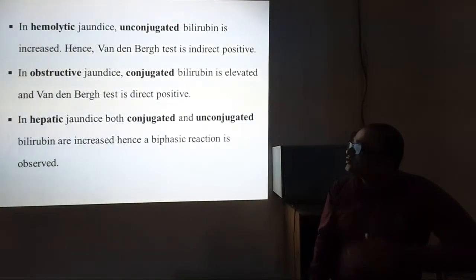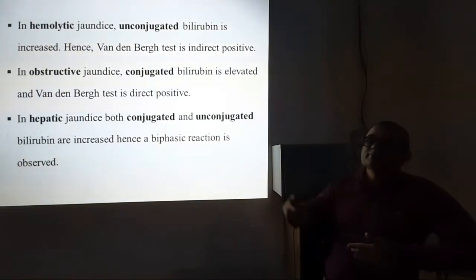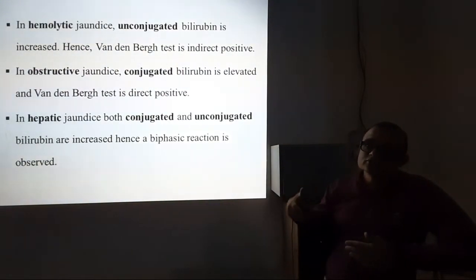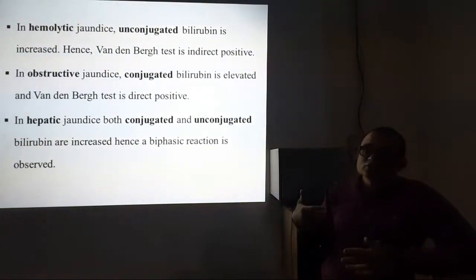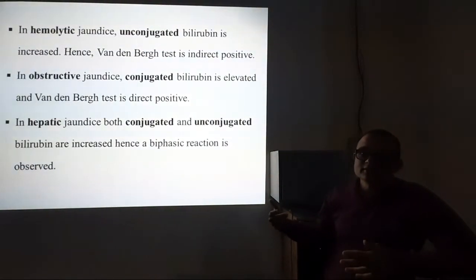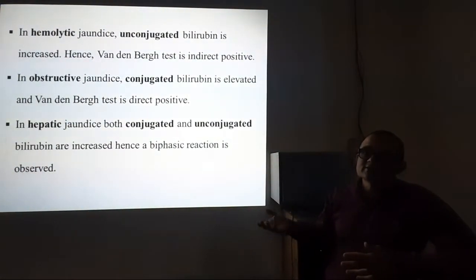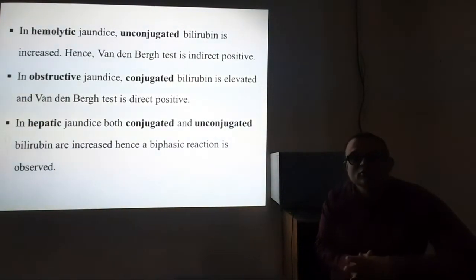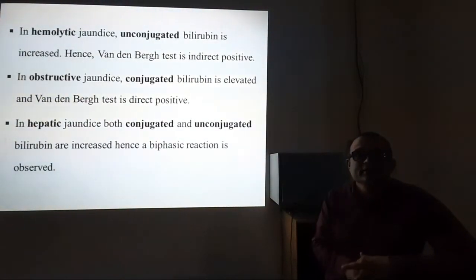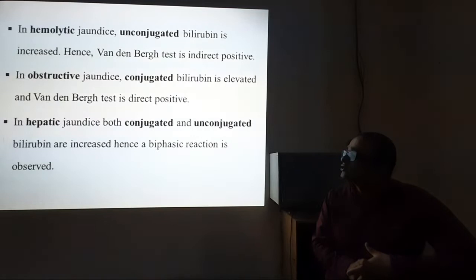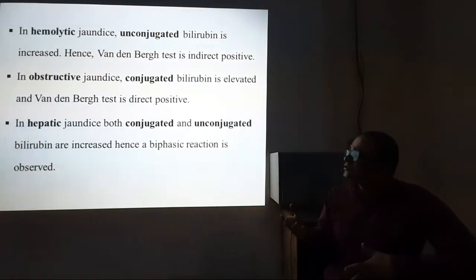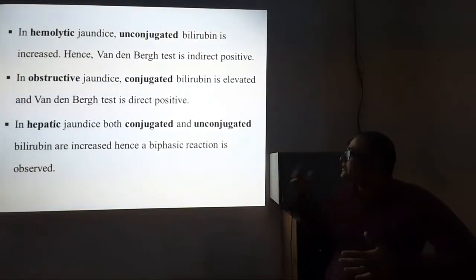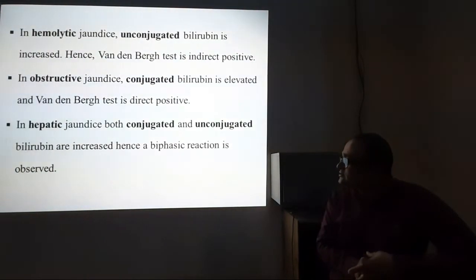an increase in the concentration of unconjugated bilirubin and not the conjugated bilirubin. Then in obstructive jaundice, what will happen? Obstructive jaundice means post-hepatic. Whatever conjugation has occurred in the liver, the conjugated bilirubin will be obstructed in the bile, so you will get a rise in the concentration of conjugated bilirubin. And in hepatic jaundice, you will get both conjugated as well as unconjugated bilirubin increased.